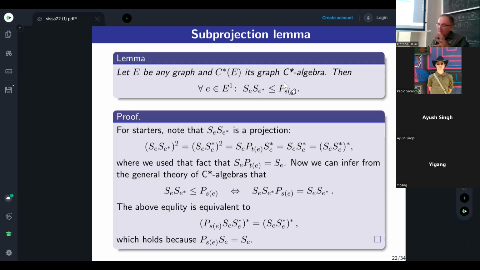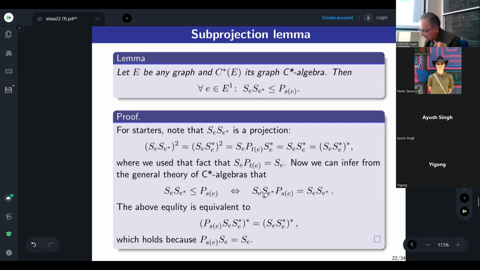I mean, I want to prove. Okay, so now I proved just that this is a projection. But now we can infer from the general theory of C*-algebras, that's what I proved to you, that this projection S_e S_e^* is less than or equal to P_{s(e)} if and only if we have this multiplication recipe.